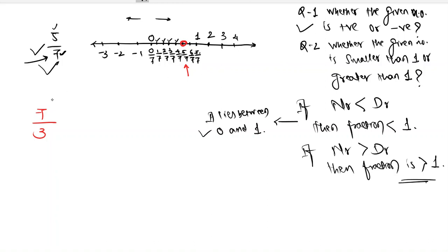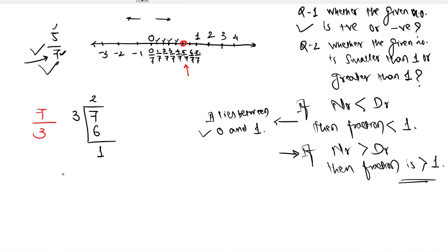So the next step, when your numerator is greater than denominator, is to convert the fraction into mixed fraction. You know how to convert the fraction into mixed fraction? You take 7, you divide it by 3, 3 2s are 6, 7 minus 6 is 1, and that's it. You cannot divide it further.